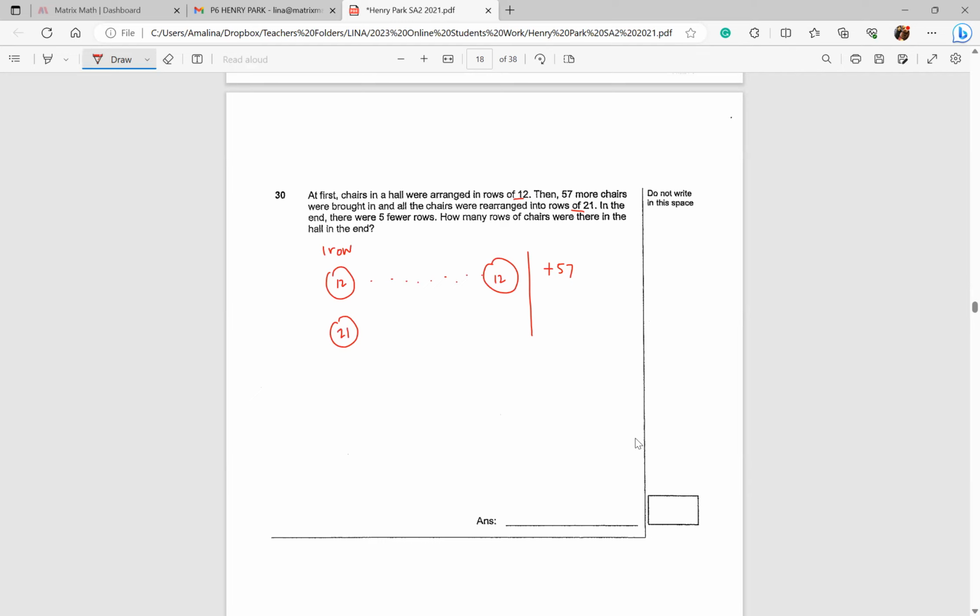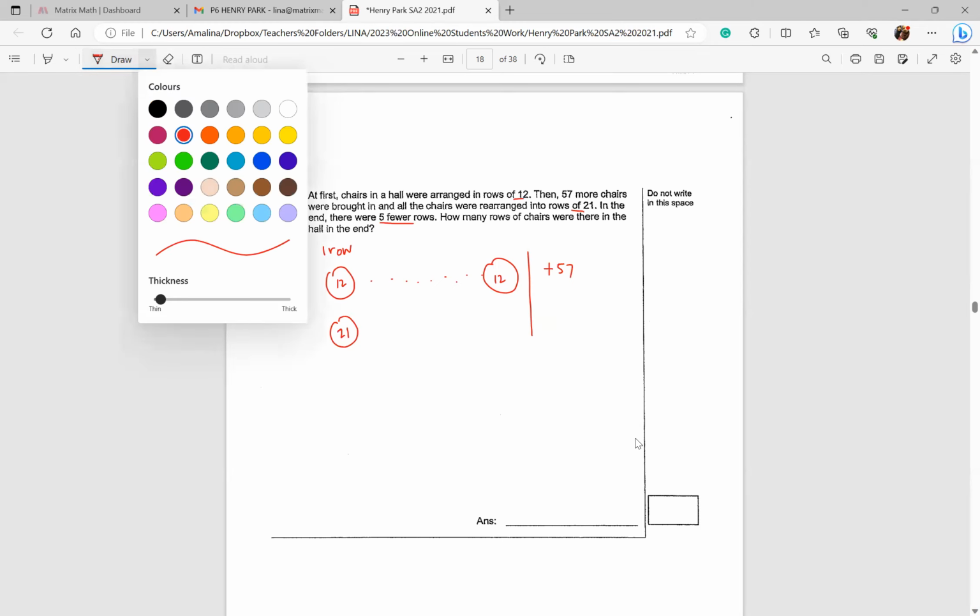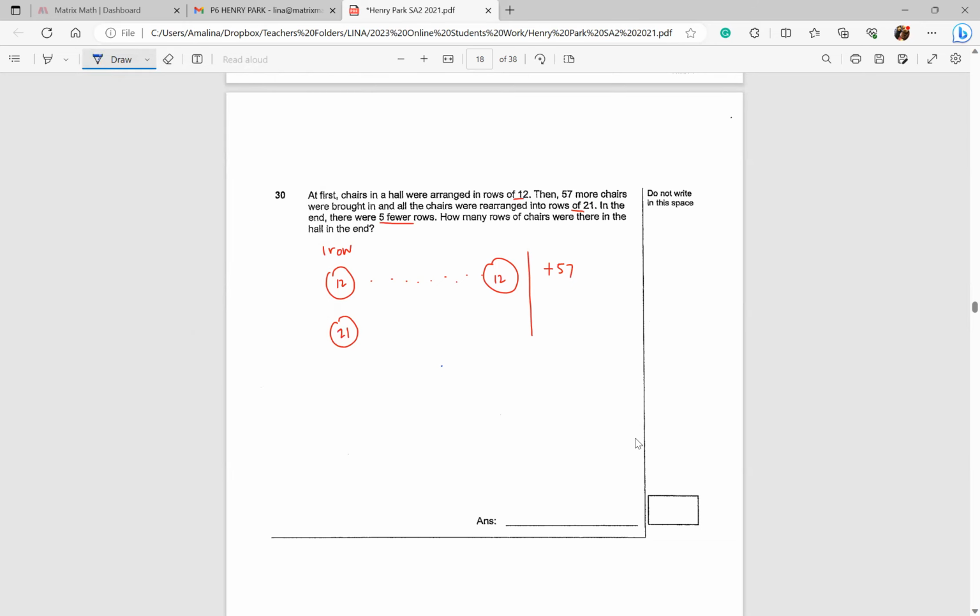But in the end, there were 5 fewer rows. Because of these extra chairs that you brought in, you realize that you will now be using fewer rows. So 5 fewer means that I will cut off, maybe something like this.